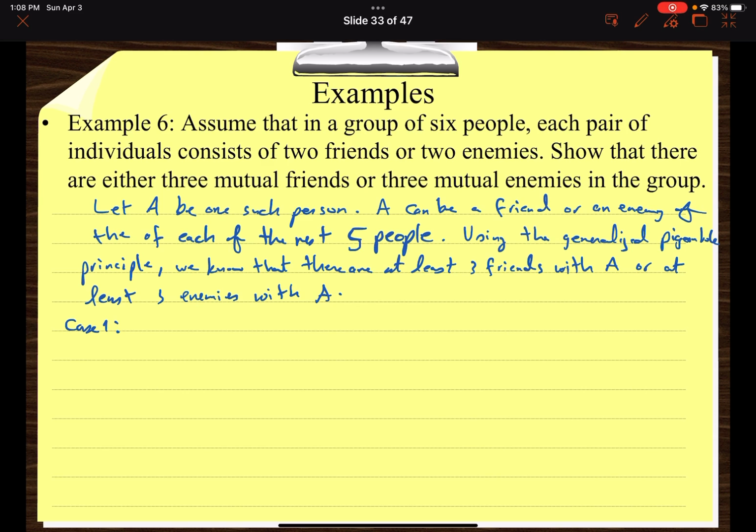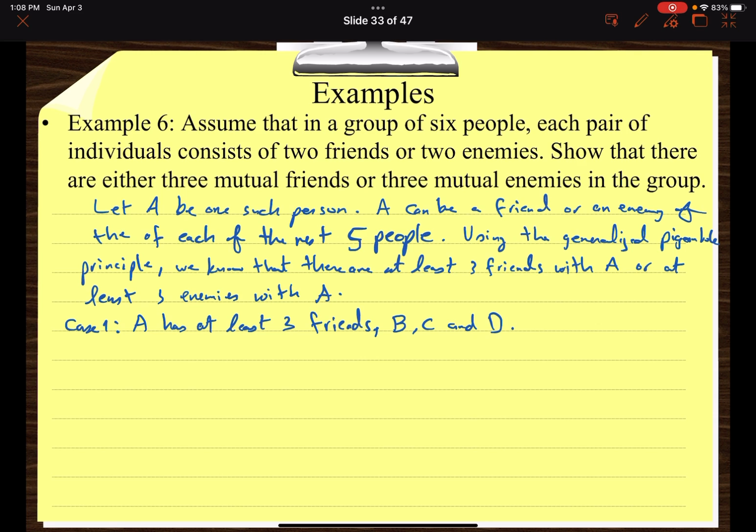If A has at least 3 friends, let's say these friends are B, C, and D. What do you think? Okay.